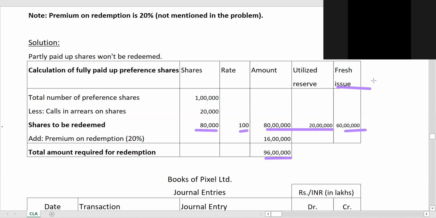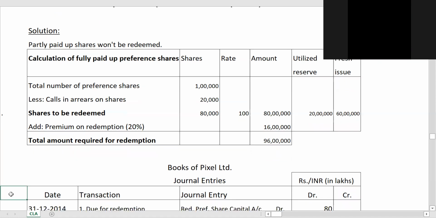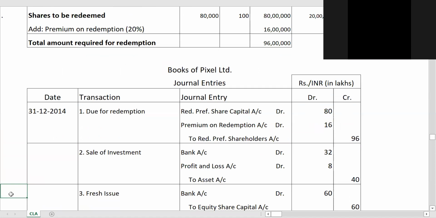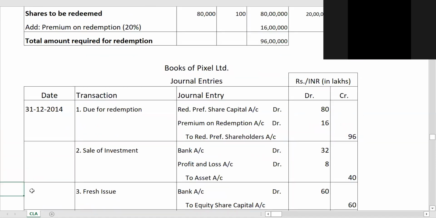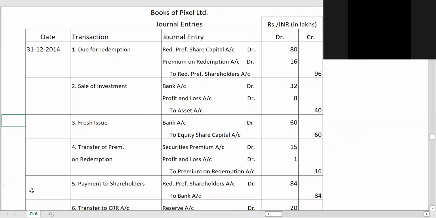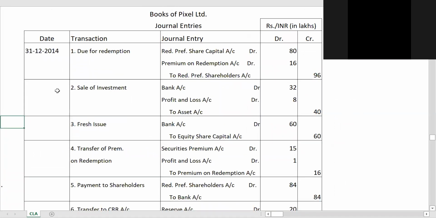So now let's go ahead with the entries. The entries will be the same as what we have already done. The first is due for redemption.